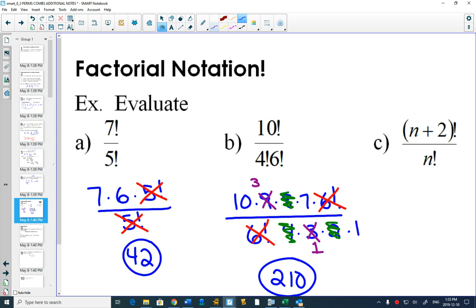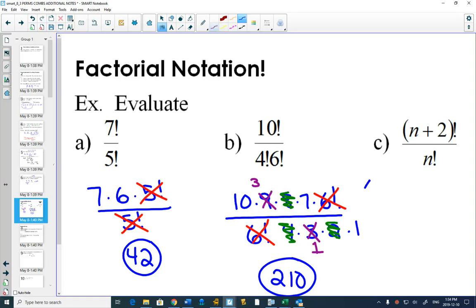Now, when we get to algebraic expressions and we want to simplify, evaluate actually doesn't work with C, but you could have the thing that would say simplify. Simplify would mean to get rid of your factorial signs. Just like you do with numbers, you have to decide where is the bigger number. Here was 7 and 5. I hope it was pretty easy to see that 7 was bigger than 5. But once you get to algebra, it's not always as easy. In this case, it's not too bad. Which is bigger, n or n plus 2? N plus 2.